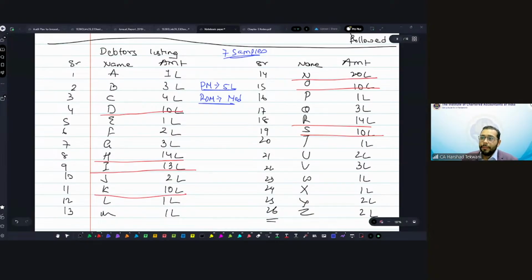Now, what impact do these methods have on the population and on the sample? When I talk about the sampling method, it directly impacts the level of audit evidence you are getting. Why? Because, number one, my sample should represent the entire population. Number two, each sampling unit in the population should have a chance of selection.